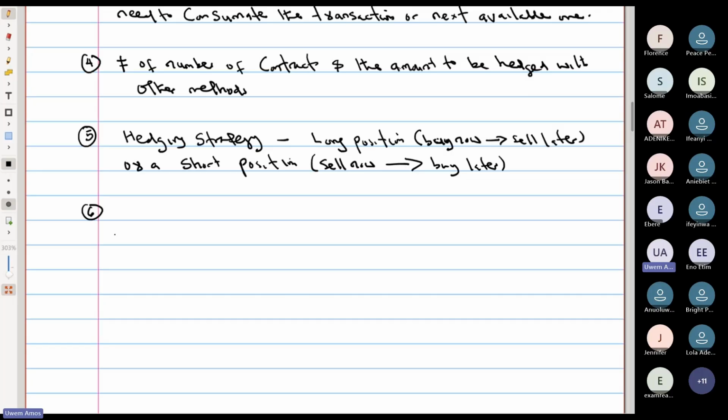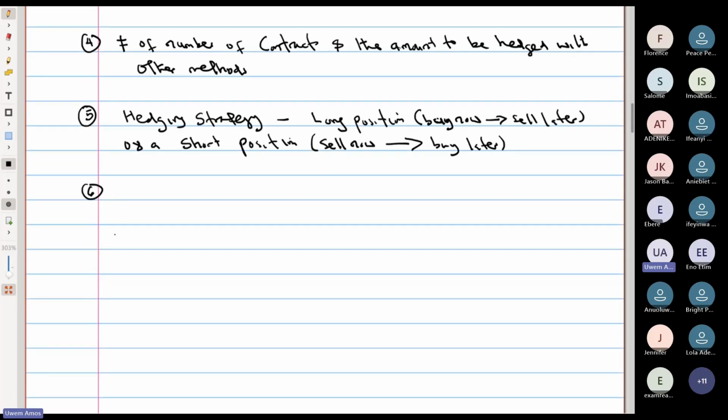But if you are consummating it before it matures, you need to determine the range, which is referred to as the basis. What is the range between now and the futures price?